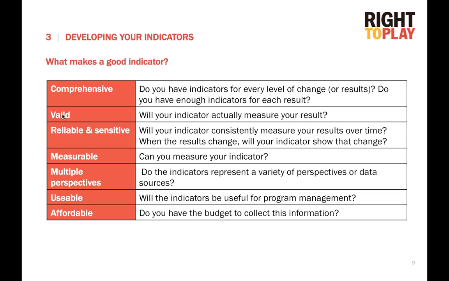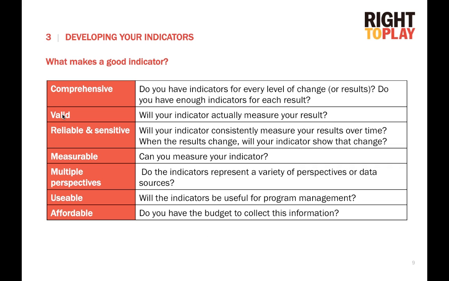Looking a little bit more closely at what makes a good indicator, we've come up with a list of different criteria. So the first is, are your indicators comprehensive? Do you have indicators for every level of change? Do you have enough indicators for each result?